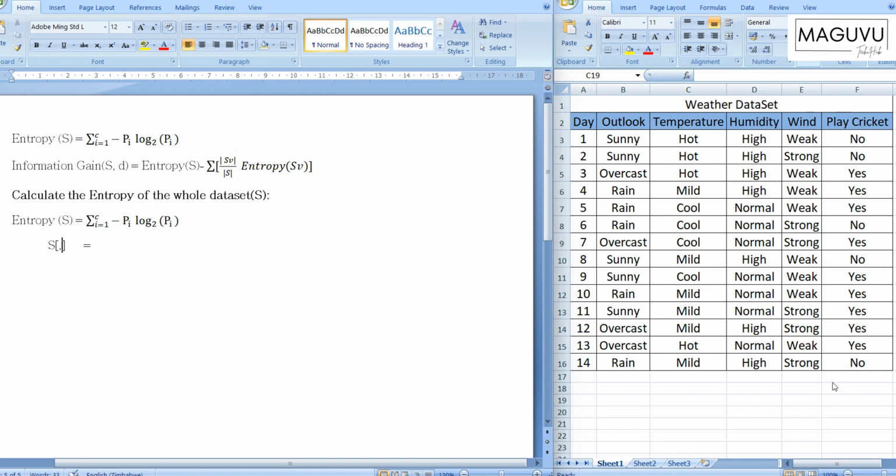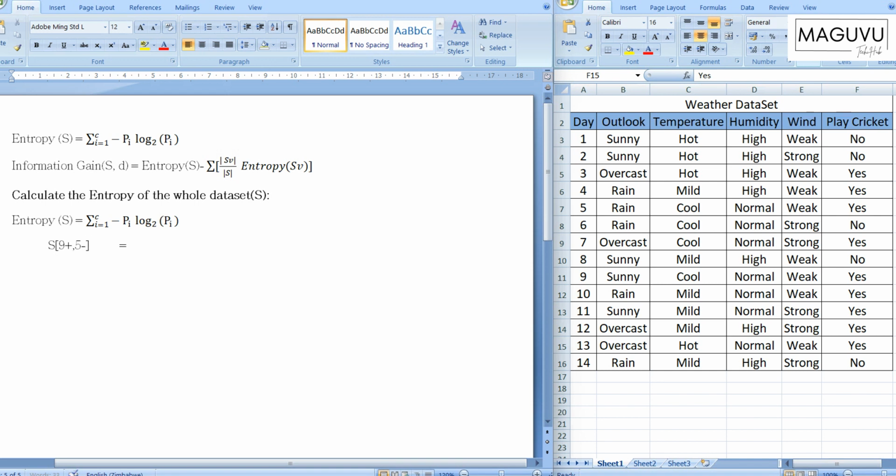Then we want to look at the number of days which has got a value of yes. So we're going to get 1, 2, 3, 4, 5, 6, 7, 8, and 9. So we're going to represent that with a 9 plus, and then the remainder of that from 14 gives us 5 being the decision not to play cricket.